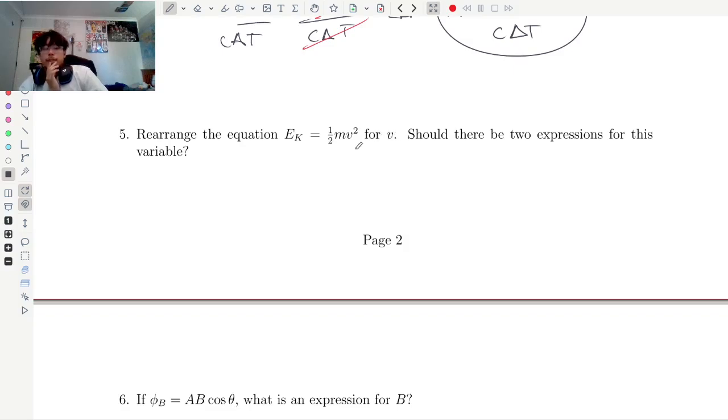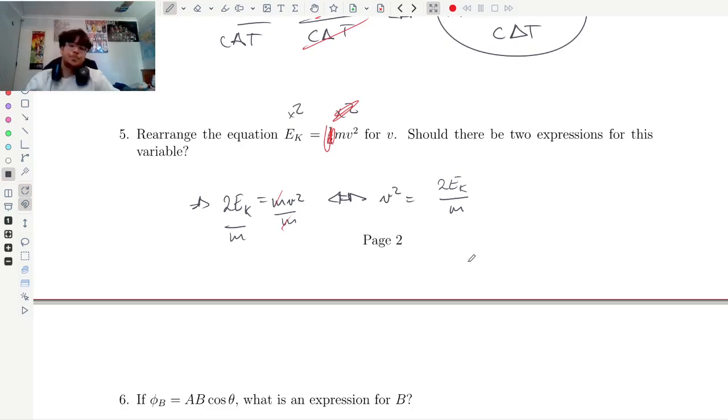Now I want to solve for b. So here, first I'm going to times both sides by 2 to get rid of this 1/2. If I times by 2, this will cancel with this, and I'm left with 2ek is equal to mb squared, and then I'm going to divide both sides by m, cancel, cancel, b squared is equal to 2ek on m.